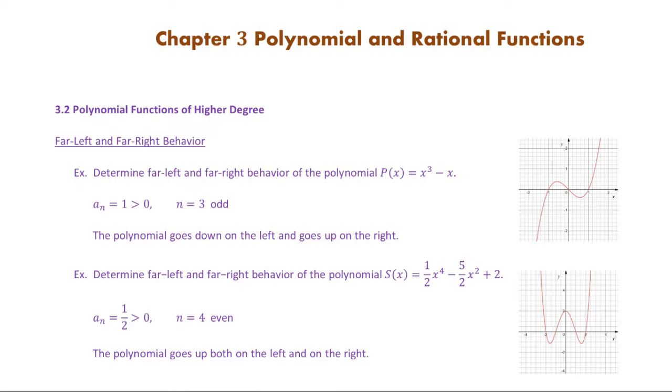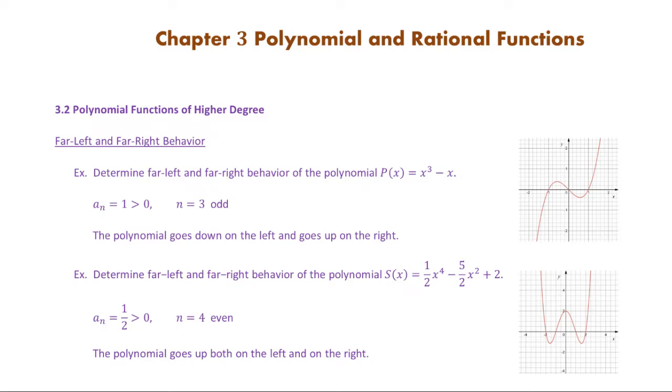Okay, how about the other polynomial s equals 1/2 x to the fourth minus 5/2 x squared plus 2. So this time it has the term 1/2 x to the fourth. So the exponent, the 4, is even, and the coefficient, the half, is positive.